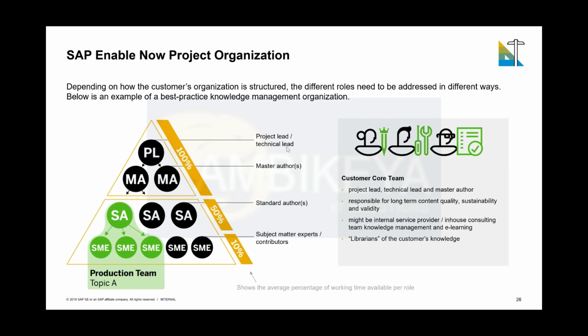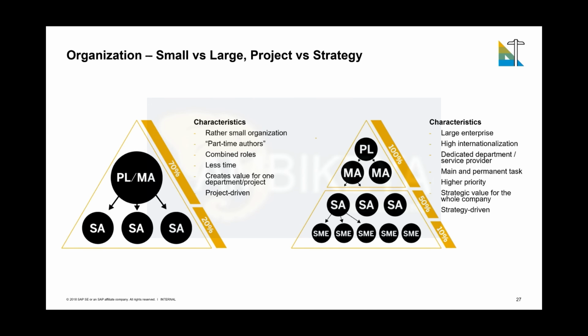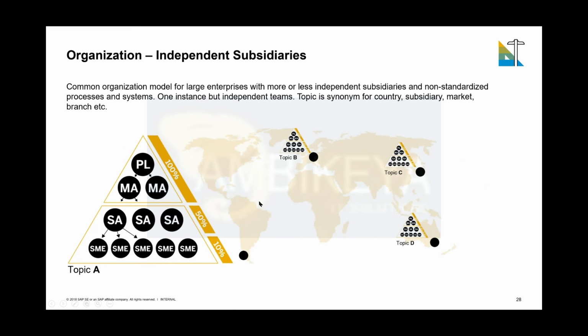And then you could always also start the discussion already at that point, the core team. The organizational pyramids, the percentage of workload if you are in a rather small organization with a one-man show, or a large enterprise, rather strategy-driven implementation.